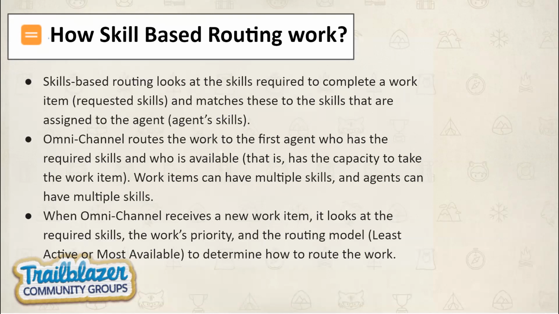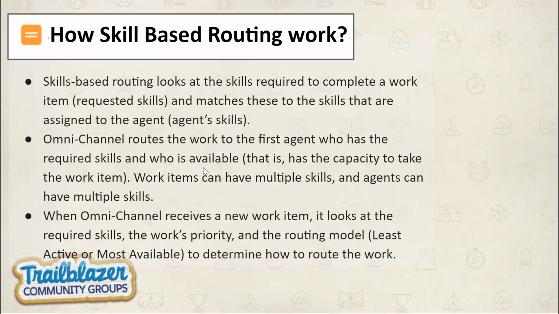One of our agents has the Spanish skill, meaning he knows the Spanish language. So omnichannel takes that case, matches the skills, and routes the case to the agent whose skill matches. That's the simple way to understand skill-based routing.